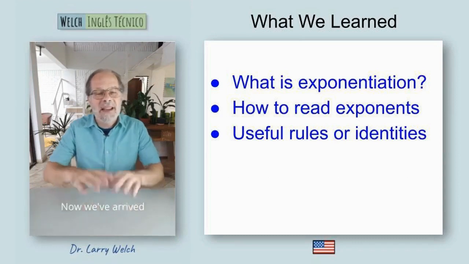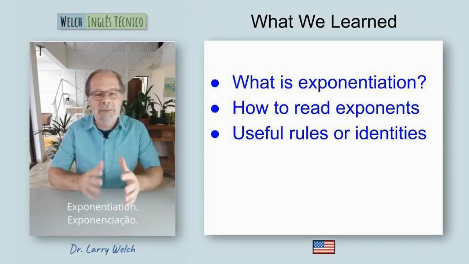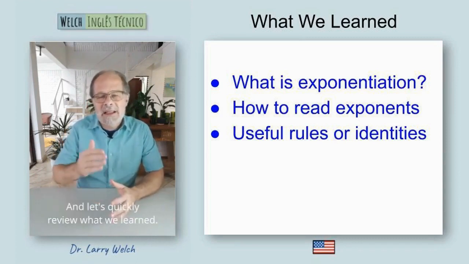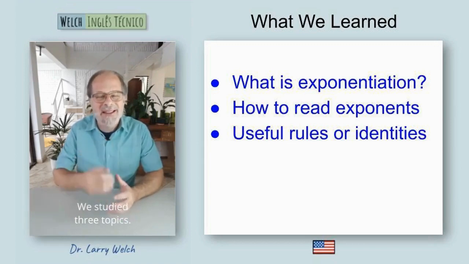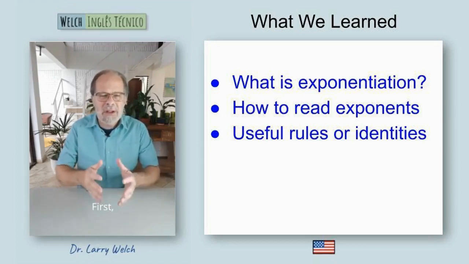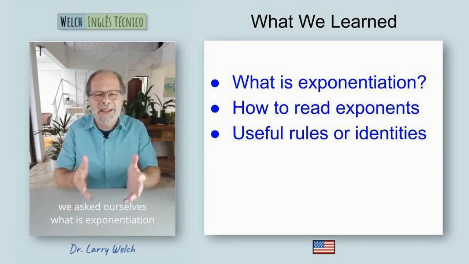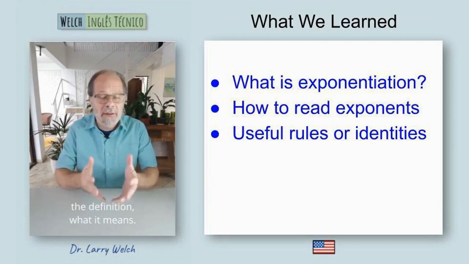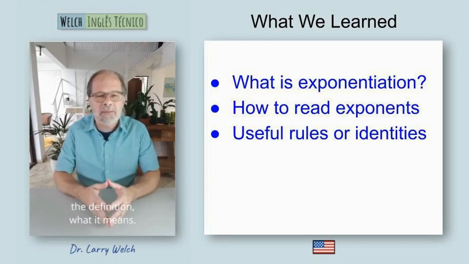Now we've arrived at the end of this lesson on exponentiation, exponenciação, and let's quickly review what we learned. We studied 3 topics. First, we asked ourselves, what is exponentiation? And we talked a little bit about the definition, what it means.